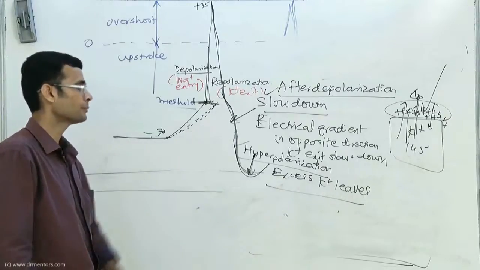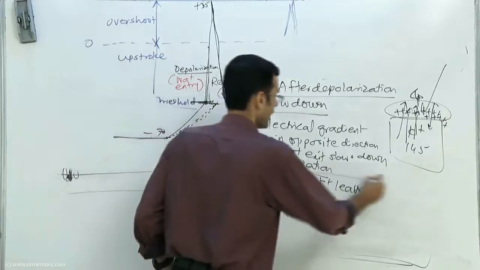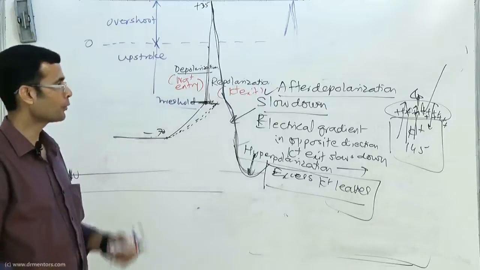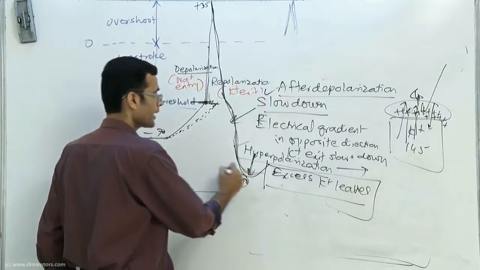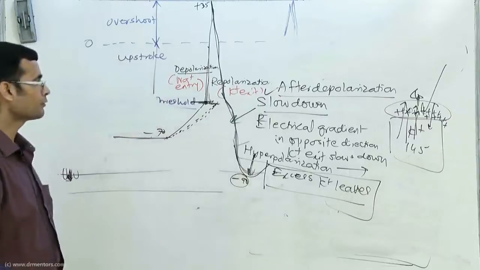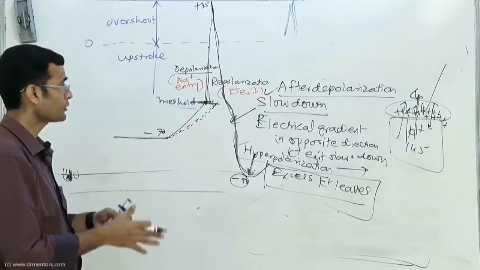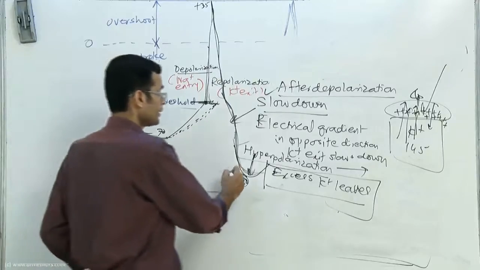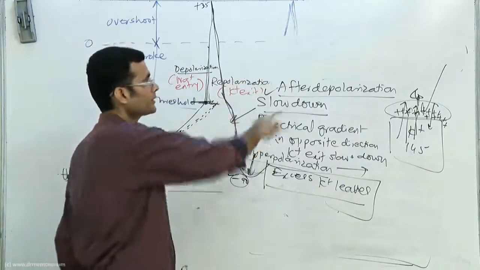Therefore excess potassium leaves. In fact, what potassium is doing is, as it is going out, it is dragging the membrane potential towards its own equilibrium potential of minus 90 millivolts. Equilibrium potential for potassium in the case of a nerve is minus 90. As we saw in the case of muscle, it is minus 96 millivolts.